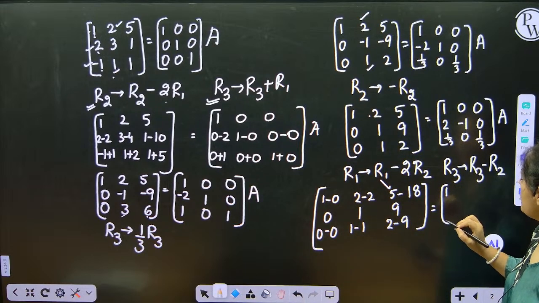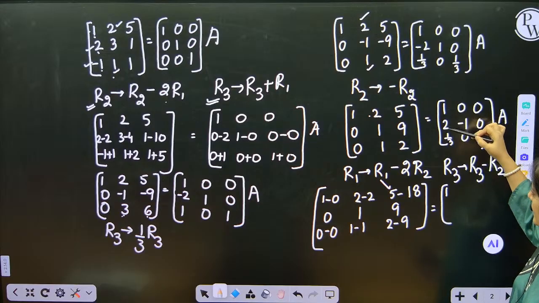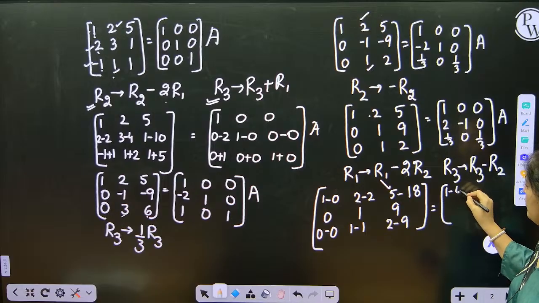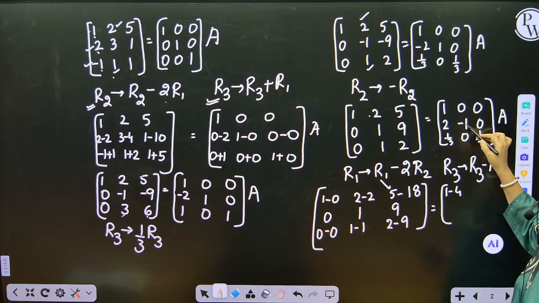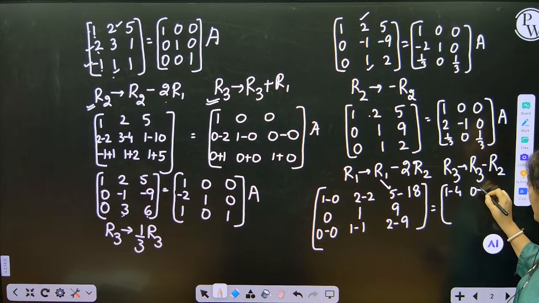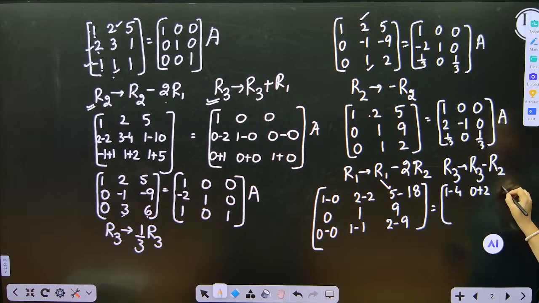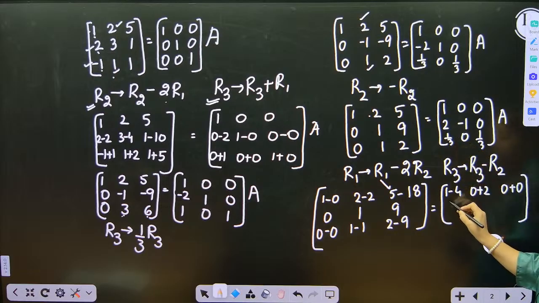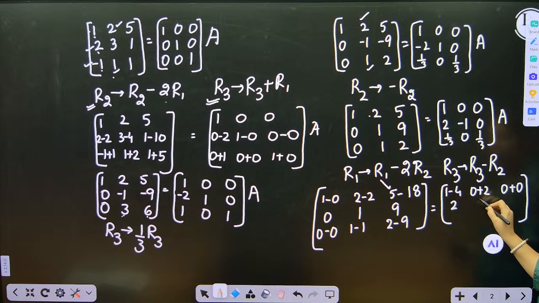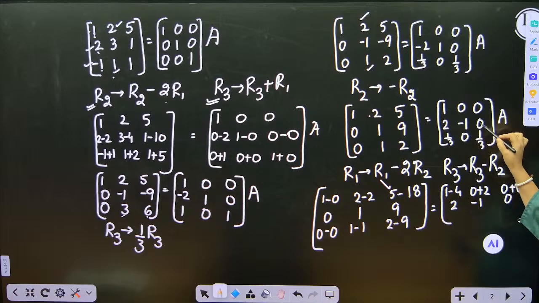Row 1 is getting changed: if I multiply this element with 2 and subtract here, 2 2s are 4, 2 minus 1s are minus 2. I have to subtract here, minus minus will become plus, and 0 plus 0. Now second row as it is, 2 minus 1 0 as it is. Row 3, these elements I have to subtract here.